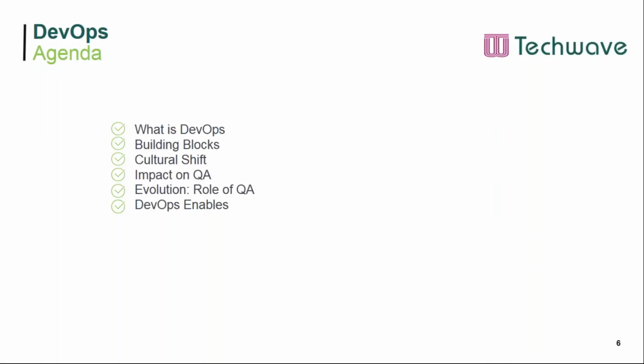In this, we'll discuss the changes required to set up a DevOps environment at the organization level. And the most important topic of this webinar: what is the impact on QA because of DevOps? Evolution: how the QA role changes from traditional to agile to DevOps, and benefits of DevOps. And in the last, we will open up to take some questions from the participants.